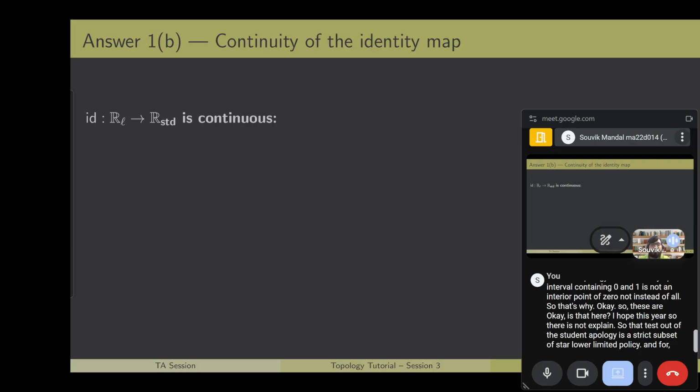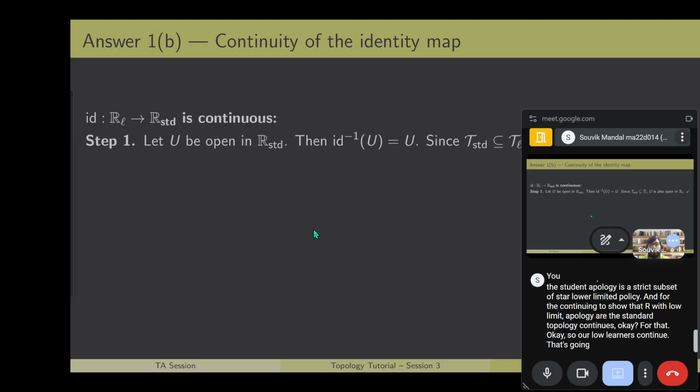And for the continuity, we need to show that the identity from R with lower limit topology to R with standard topology is continuous. So the step one is U open in R with standard topology.